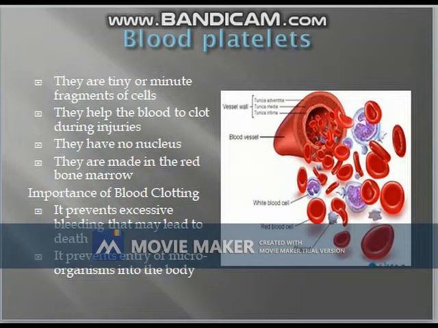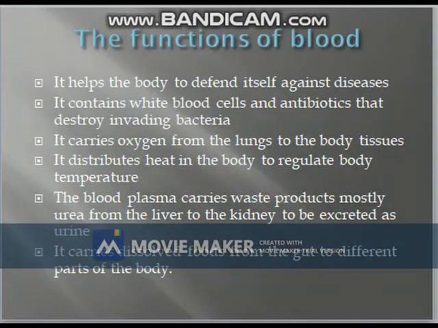So, from the functions of the various components of blood, that is the blood plasma, red blood cells, white blood cells, blood platelets, we can collectively come up with the functions of the blood. Now, the functions of the blood are: it helps the body to defend itself against diseases. It contains white blood cells and antibodies that destroy invading bacteria.